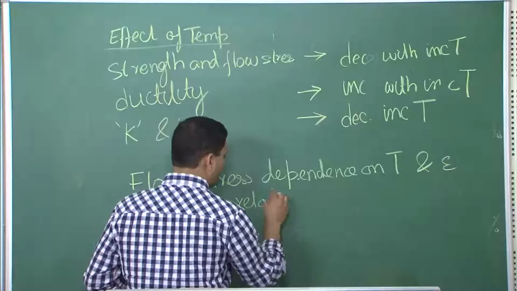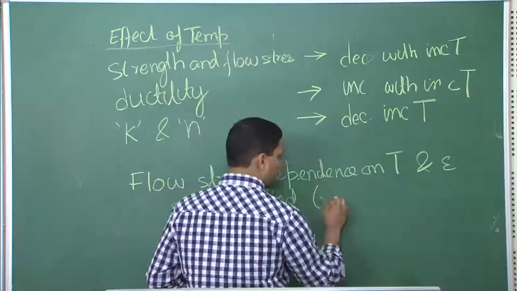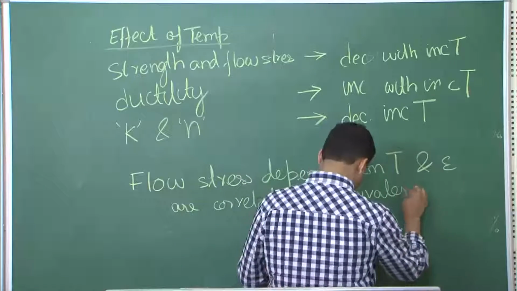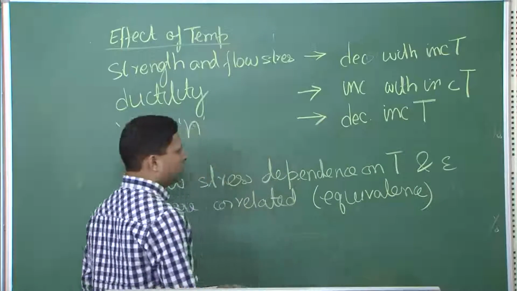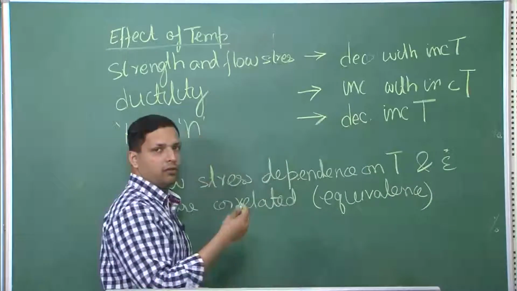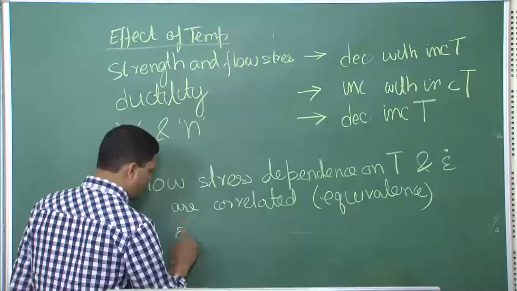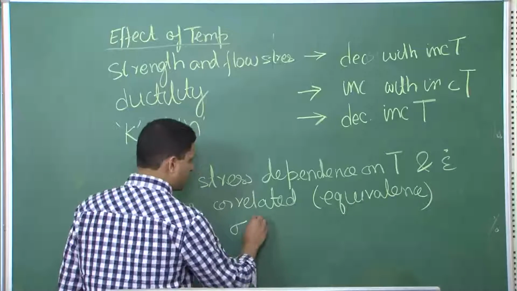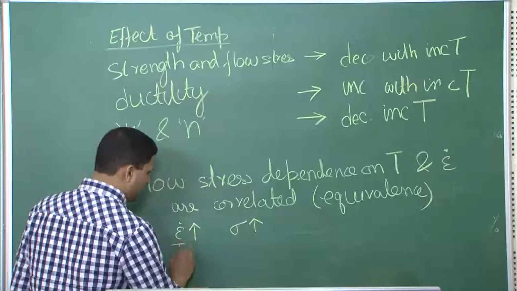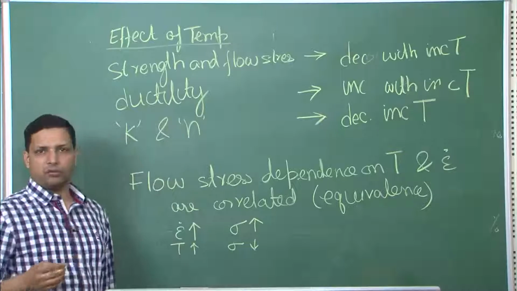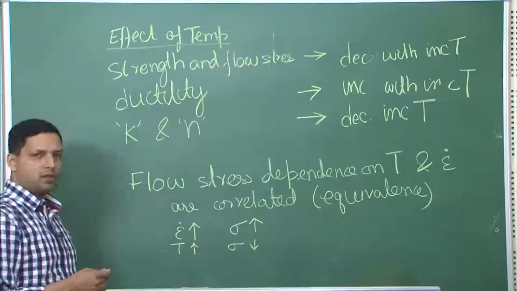The better word will be equivalence. Although you would see that their effect is inverse to each other. So, when we increase the strain rate, the flow stress increases. On the other hand, when the temperature is increased, flow stress decreases. But the origin for both of these phenomena is not even similar, they are the same.